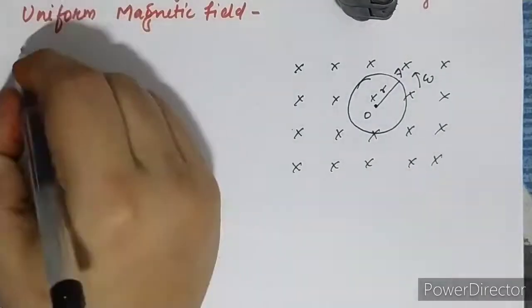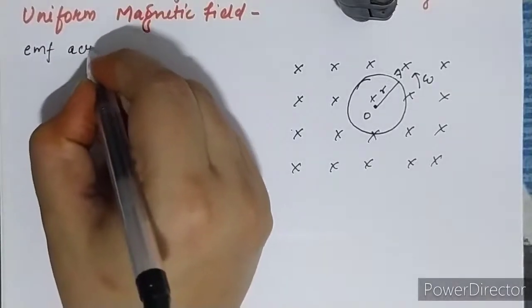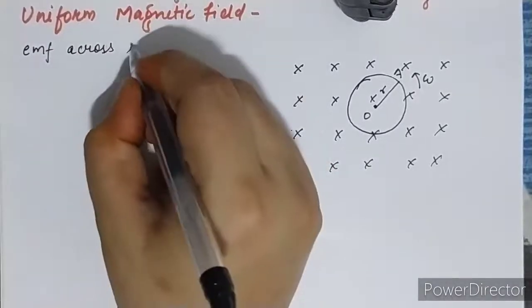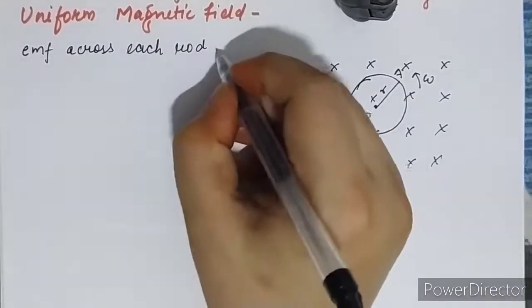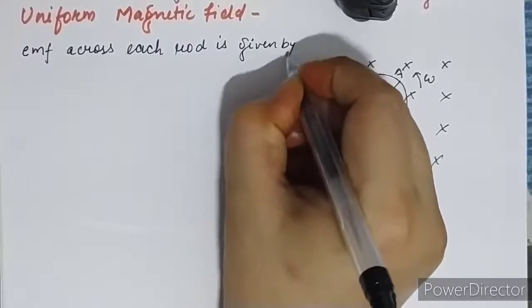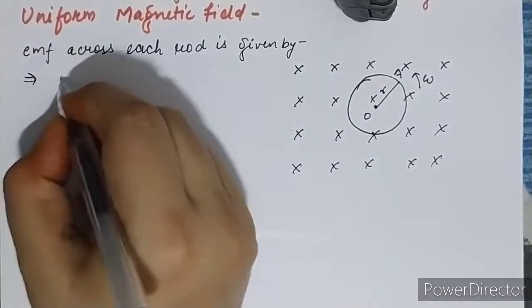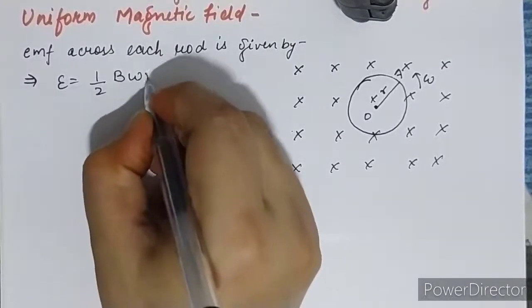So the EMF across each rod is given by E is equal to half B omega R square.